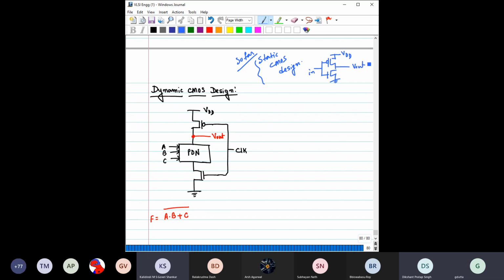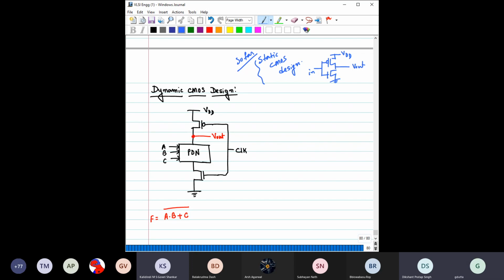That's all. You can make other gates as well, implementing other Boolean functions using CMOS logic, which we have already learned. But this dynamic CMOS logic is a bit different.